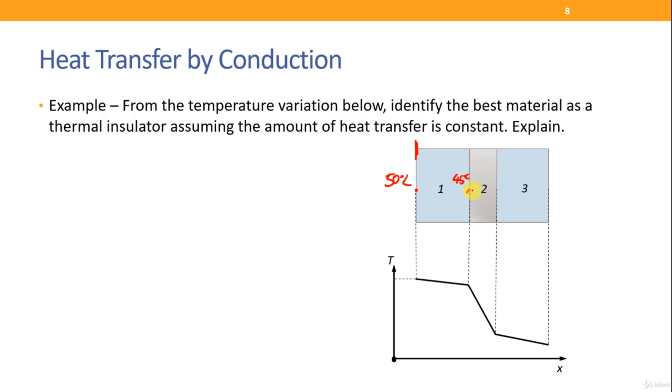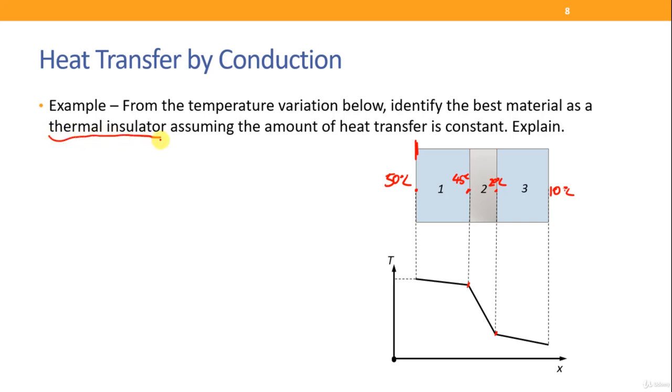At the start of point 2 to the end of point 2, the temperature dropped by a lot, as you can see from here, the start of T2 and the end of T2. So let's say over here is around 20 degrees Celsius. And finally, from the start of material 3 to the end of material 3 is another gentle gradient, so maybe around 10 degrees Celsius. So what they want to find out is which material acts as the best thermal insulator.